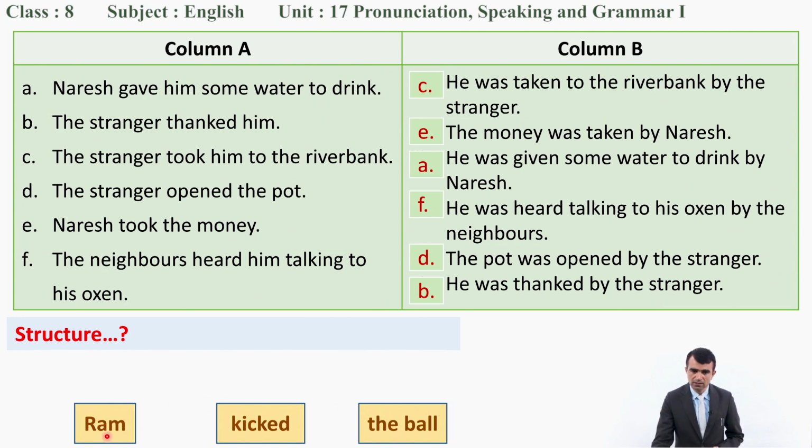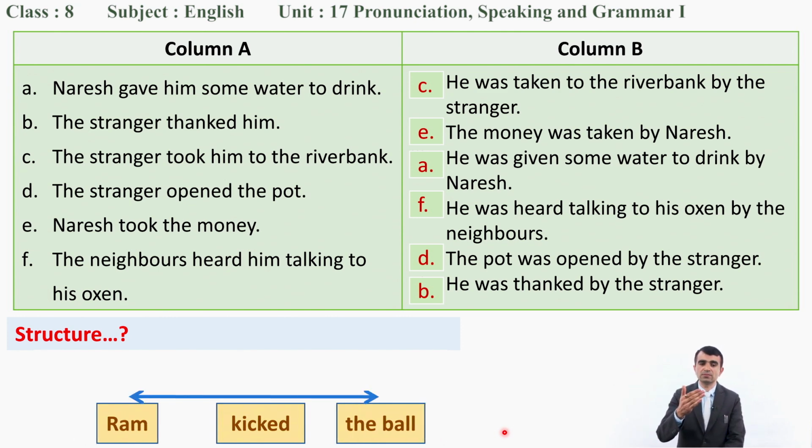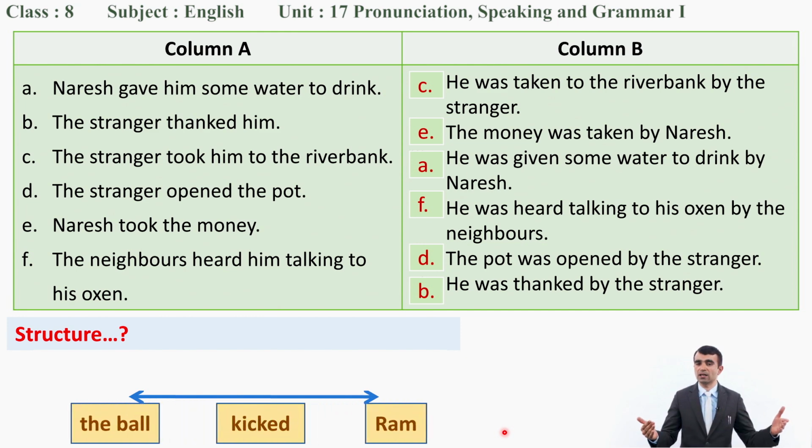Ram, subject; kicked, verb; the ball, object. Now what happens in passive form? Can you say? The object becomes the subject and the subject becomes the object. The ball kicked Ram.